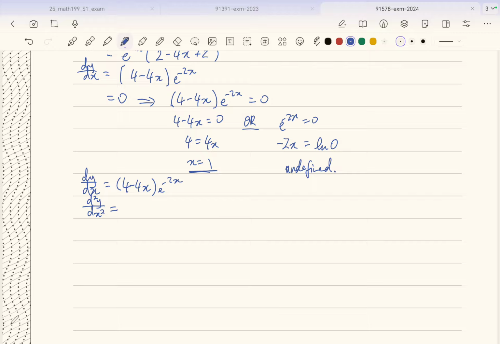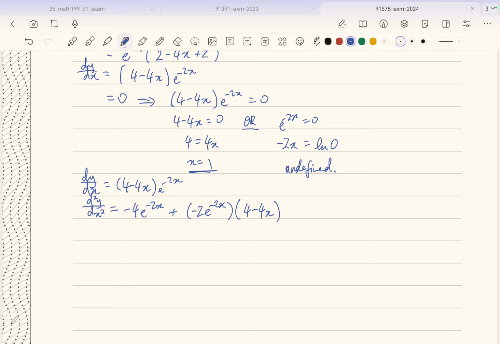We differentiate the first function, negative 4 e to the negative 2x. Add on the differentiate the second function, which is negative 2 e to the negative 2x, and we're going to multiply on the first function.